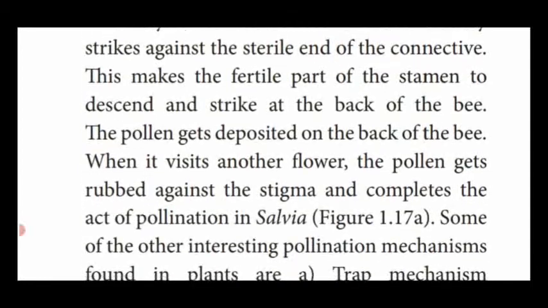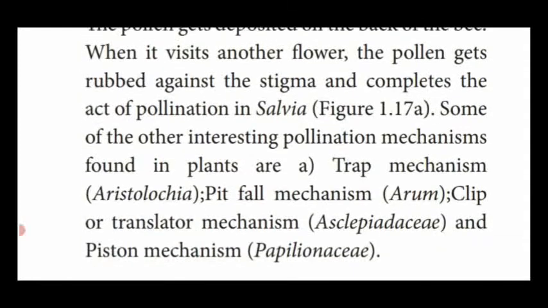Once the pollen gets deposited on the back of the bee, it visits another flower. The pollen gets rubbed against the stigma and pollination has taken place in salvia. So that's how I explained it with the help of the diagram given here.